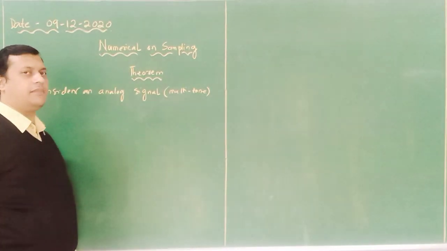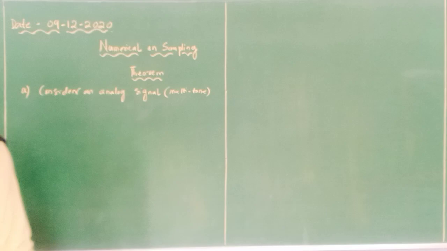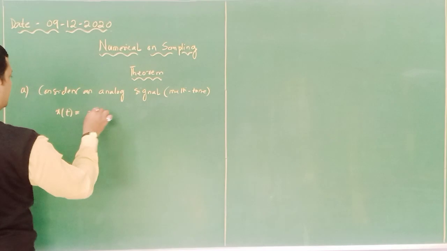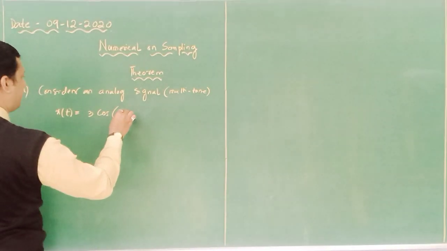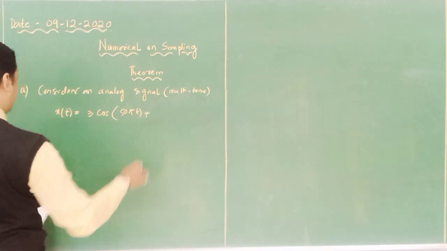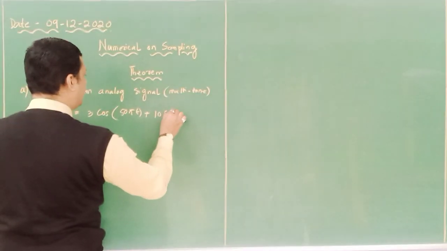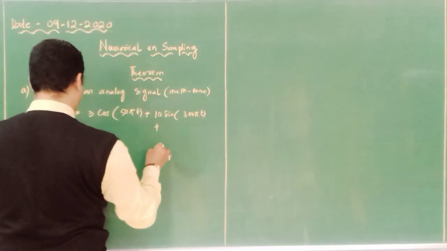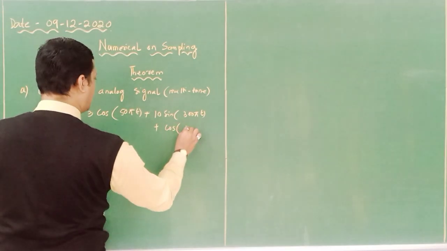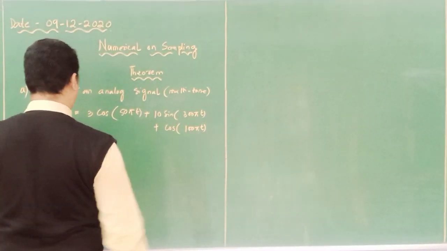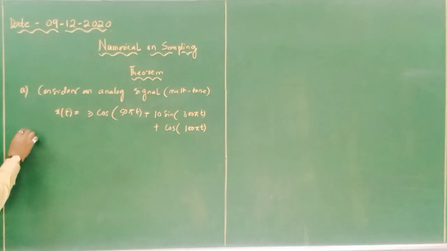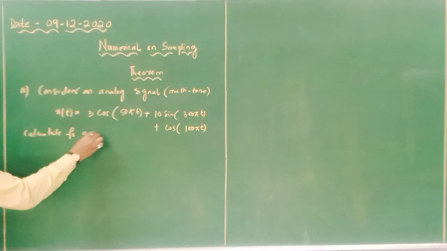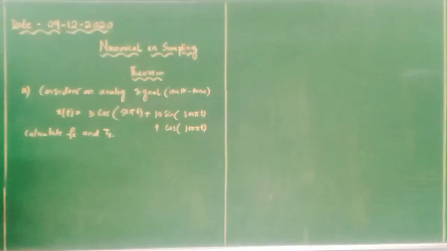Analog signal means it is a modulating signal which is multi-tone, given as x of t equals 3 cos 50 pi t plus 10 sin 300 pi t plus cos of 100 pi t. Okay, and here we have to calculate Fs, that is the Nyquist rate, and Ts, that is the Nyquist interval.